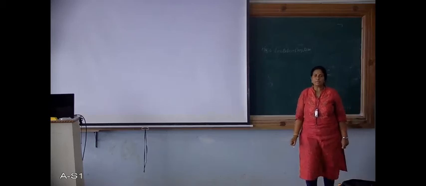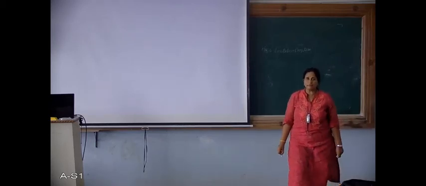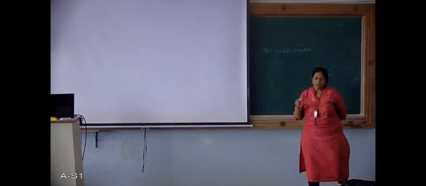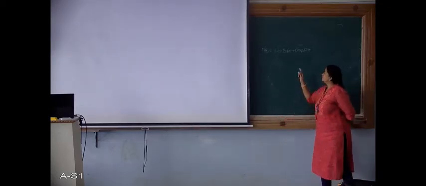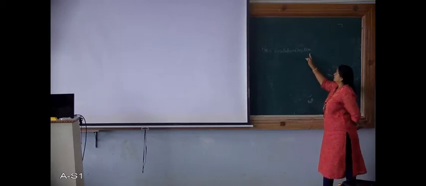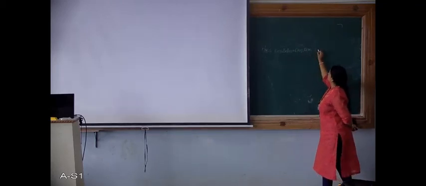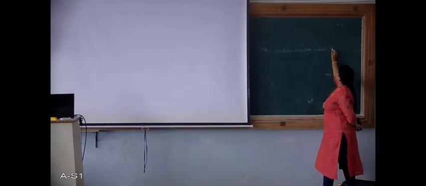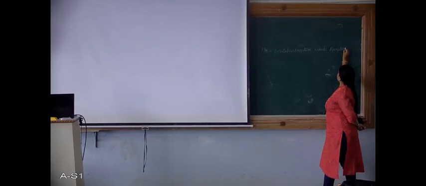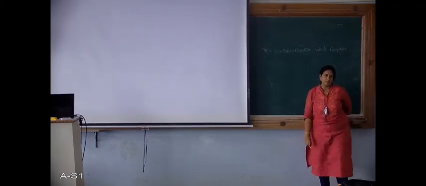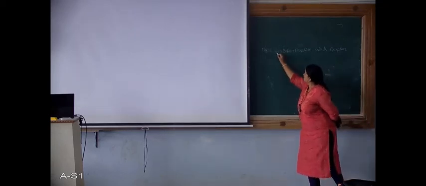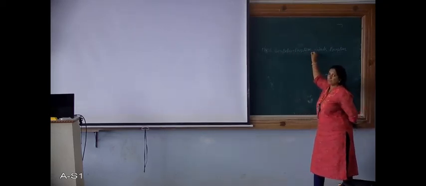So how to make that? How to inherit from the exception class? We have to use the extends keyword. Less balance exception class extends what? Exception class. That means, see, this exception class is a built-in class which is already available. Here we are creating our own exception.